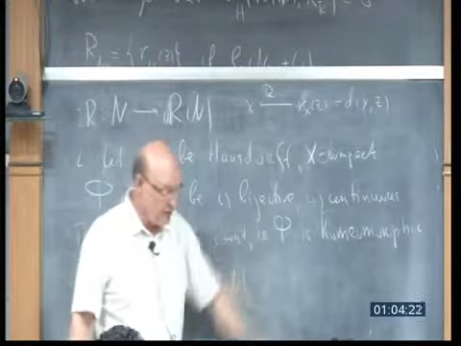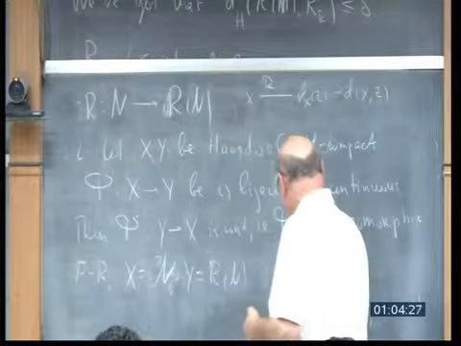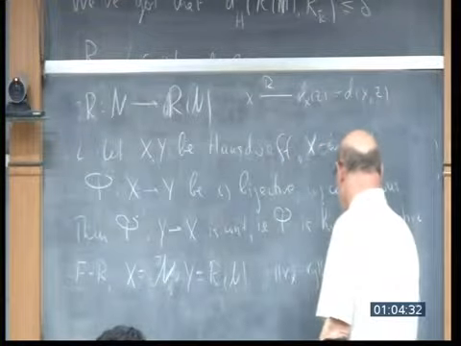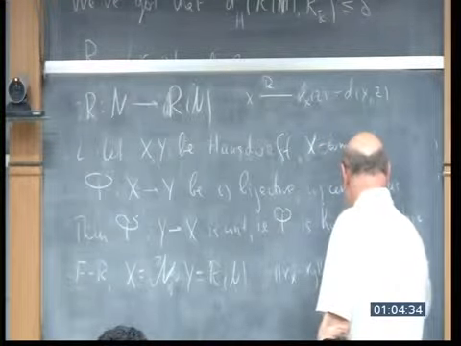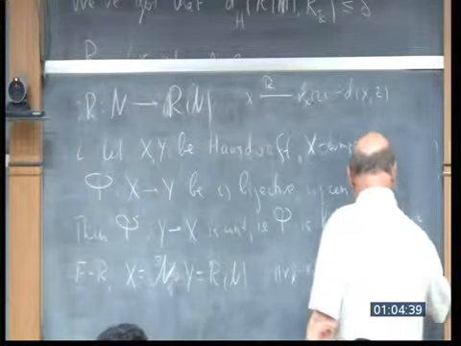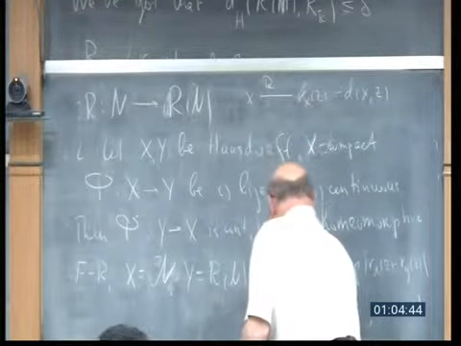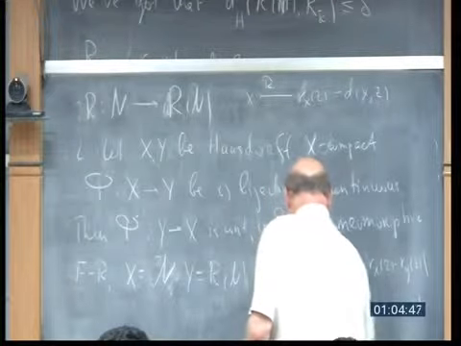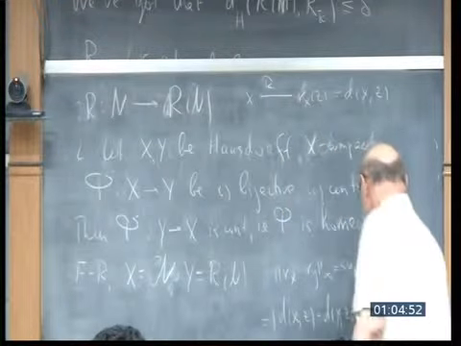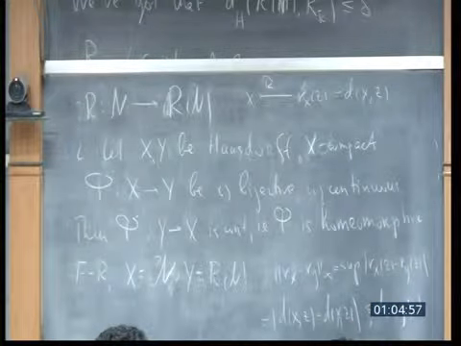It is also continuous. Why? If you look at two points and at R_x minus R_y in L infinity, that will be the supremum, actually maximum, of R_x of z minus R_y of z. But these are distances, so this is just the distance between x to z and y to z, and by the triangle inequality this is less than d(x,y).